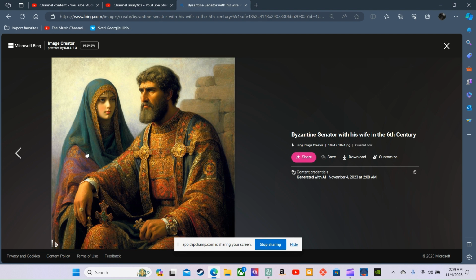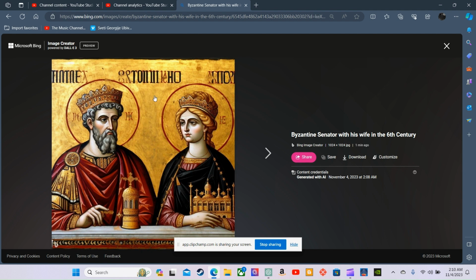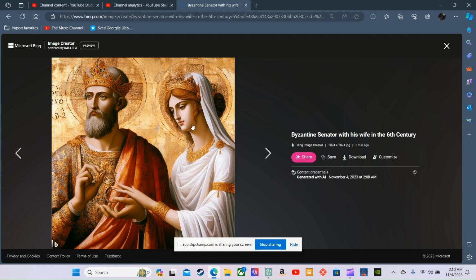Honestly, she was an actress, a prostitute. She didn't dress like this. And these are excellent examples of Byzantine, maybe a more photorealistic vision of Byzantine art. But it's still not what I'm looking for.